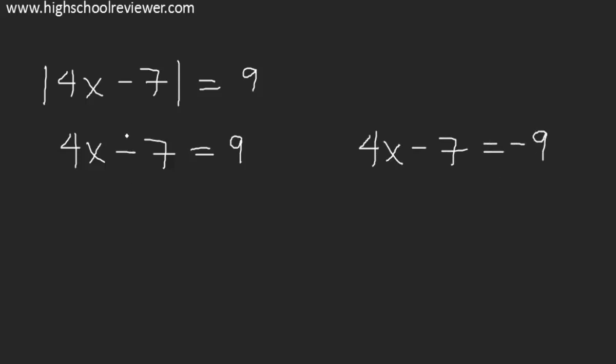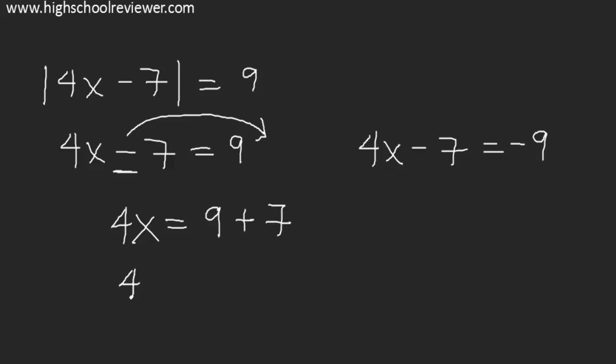So transpose negative 7 to the other side. What will be left will be 4x. This will be equal to 9, and from negative, this will become positive, so it will become positive 7. So 4x equals 16. So divide both sides by 4. So 4 divided by 4.